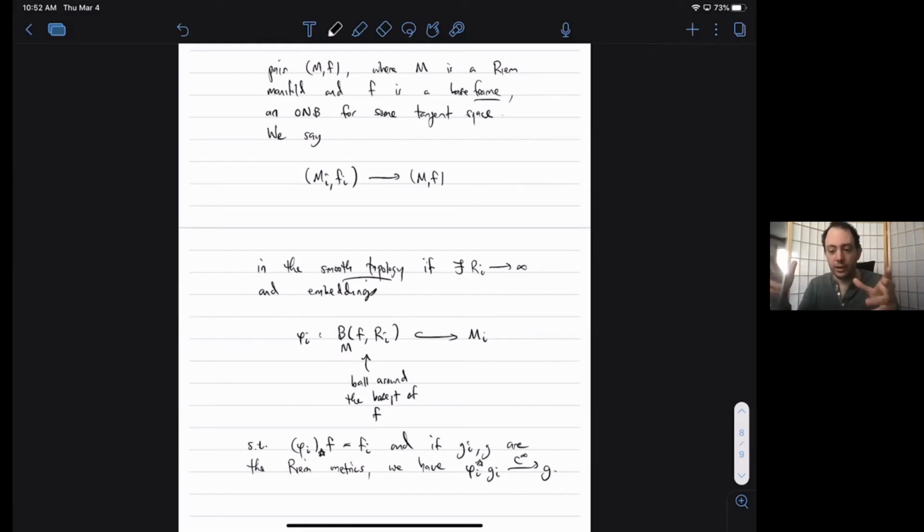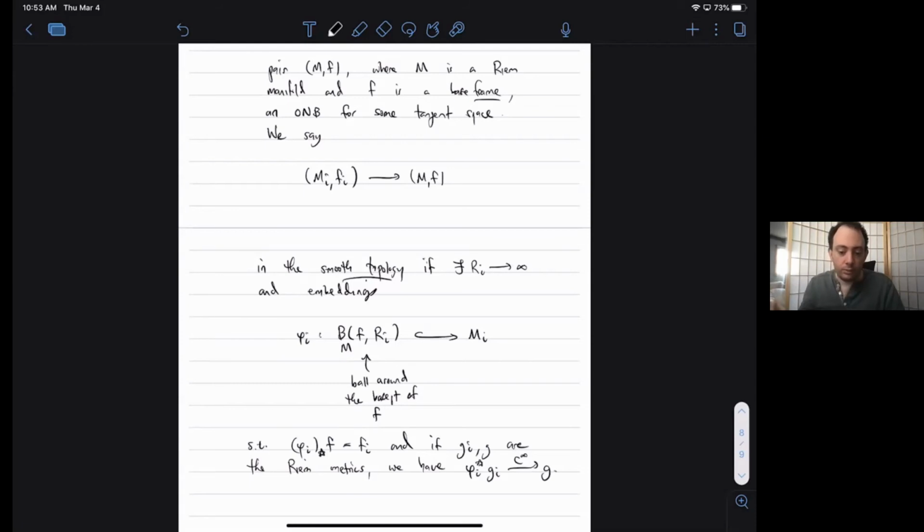When you pull back the metric on M_i, you get something that's smoothly close to the metric on M. That's strictly more than saying that the phi_i are bi-Lipschitz with Lipschitz constant close to 1. It's saying that the derivatives of all the phi_i are also close to what they'd be from an isometry.